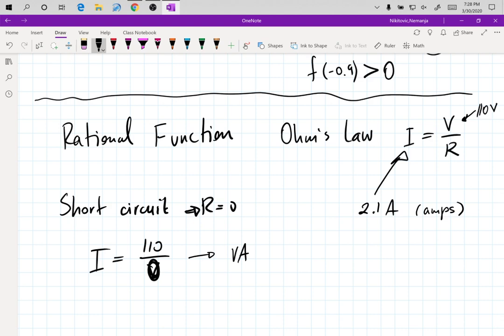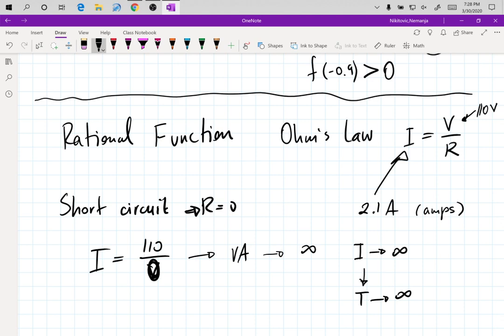Vertical asymptote shoots to infinity. If the current is trying to be infinity, then the temperature is trying to be infinity, because there is a formula in physics that connects the current in the wire with the temperature of the wire.